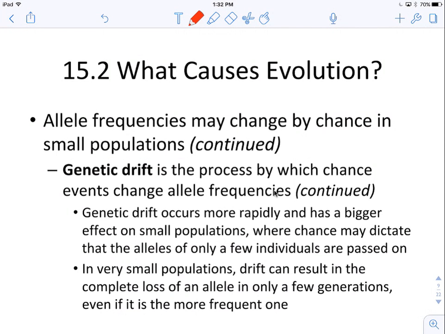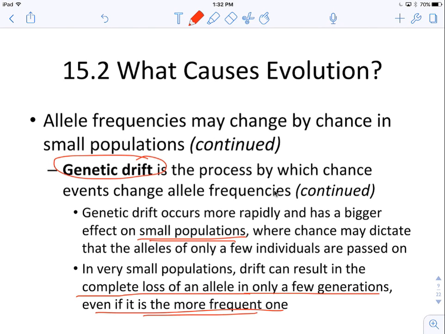So genetic drift is where chance events cause change in allele frequencies. It has a much more significant effect on smaller populations. And in smaller populations, genetic drift can even result in the complete loss of an allele in just a few generations, even if it is more frequent.